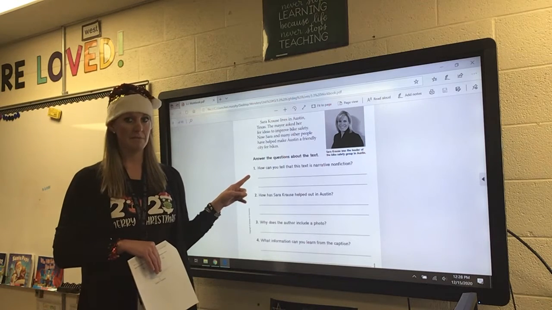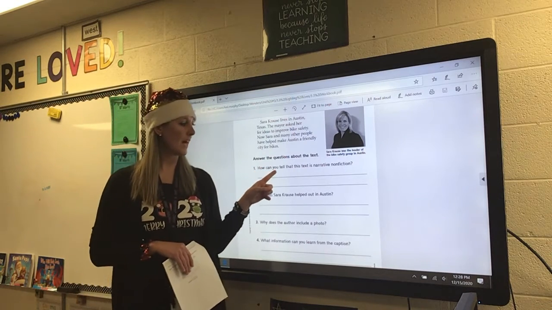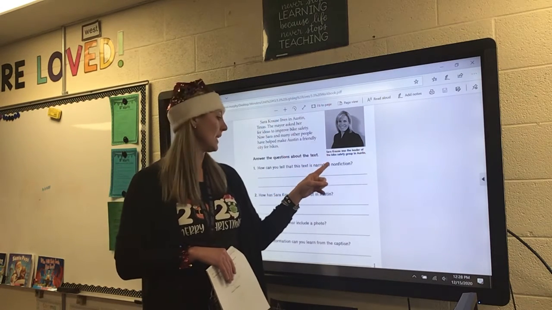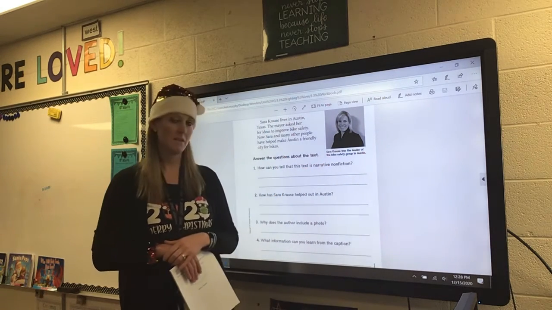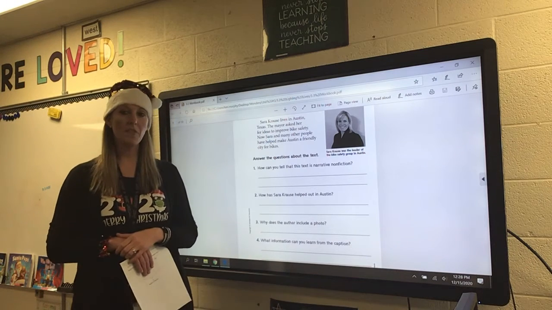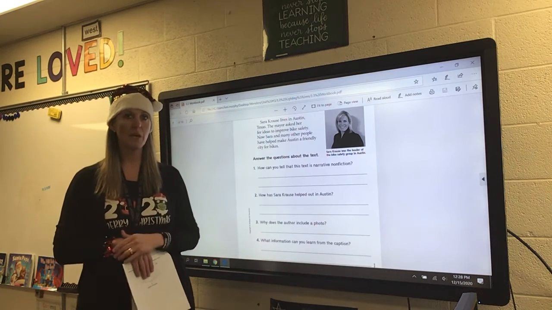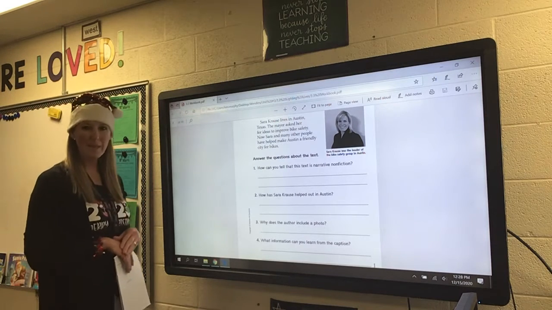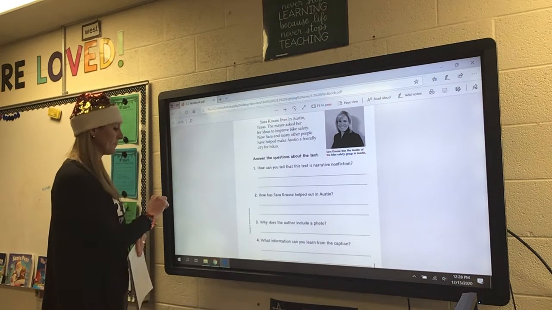Number 1 says, how can you tell that this text is narrative nonfiction? So I want you to think of the 2 elements. What are the 2 elements for narrative nonfiction? Take a moment to think about that.